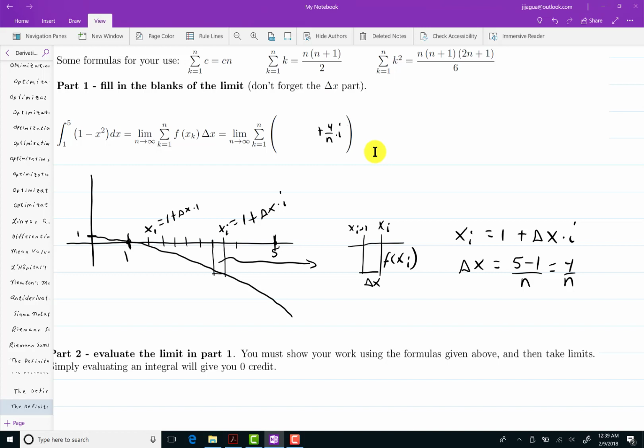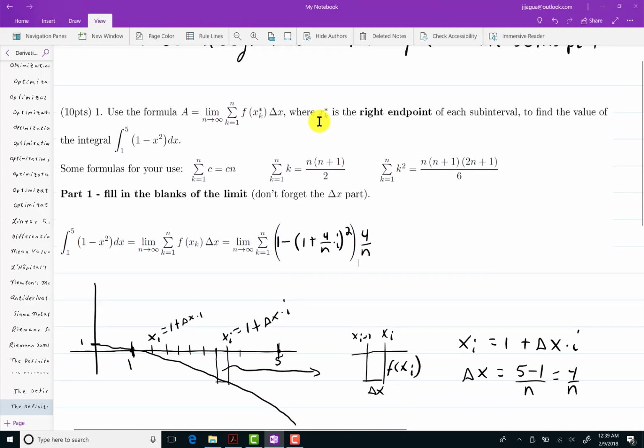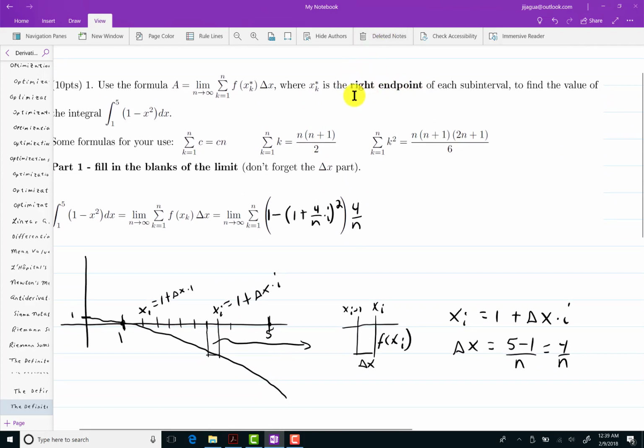I probably should give my students more room to do this, but let's try again. I have 1 minus, and then I have x squared. That's 1 plus 4 over n times i squared, and then times 4 over n. So this would be the preliminary look of it. These are right-hand endpoints. That is what I believe was asked here. Right endpoint of each subinterval.